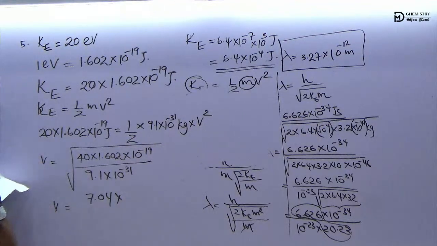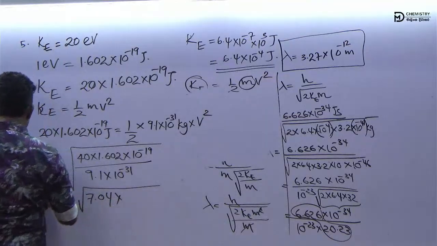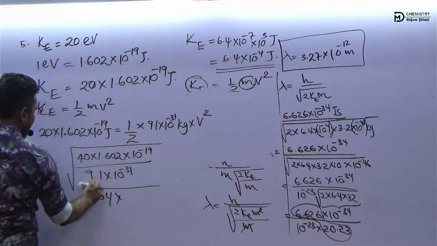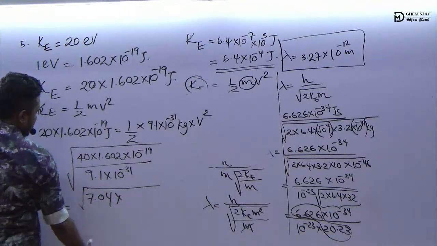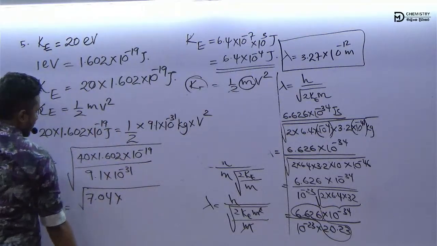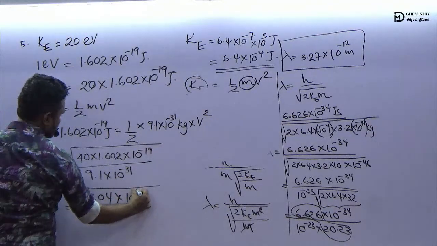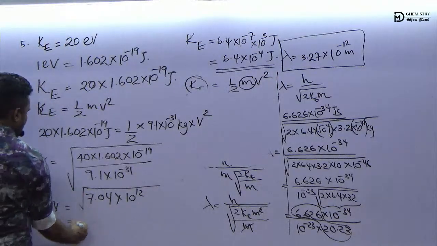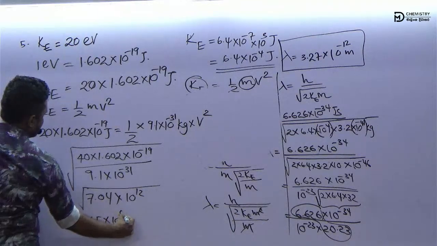That is the speed squared, and we take the square root. We have to simplify the value. Here the value can be made this way, or we can apply that equation directly, no issue. Both are correct. 10 to the power plus 12, and if we take the square root, it is 2.65 into 10 to the power 6 meters per second.